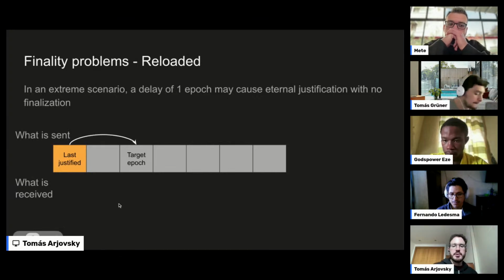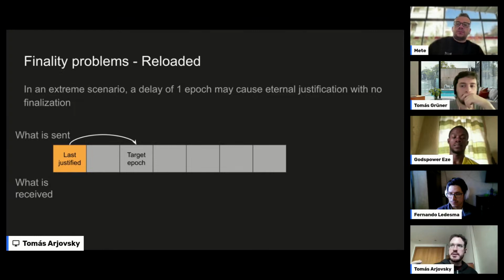In the next epoch, the target epoch will be this one. But as attestations are delayed, no one received my attestation, so this one didn't get justified. We still have this epoch, it's just not justified, because if we remember, to justify something, I need to have received a supermajority link pointing to it.